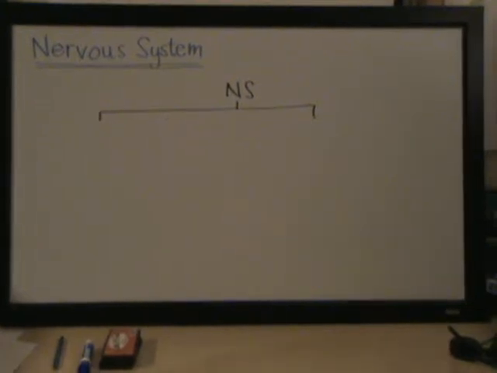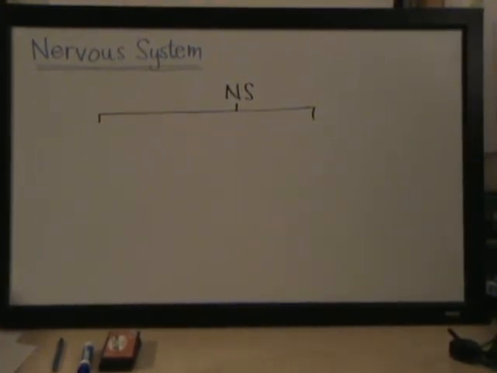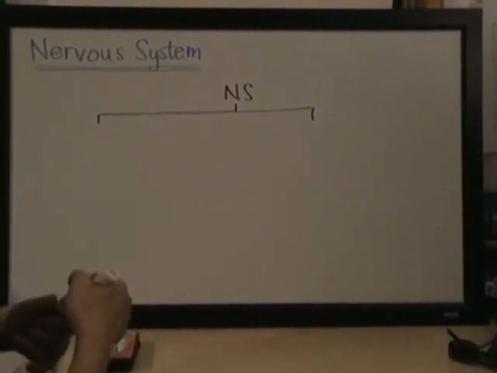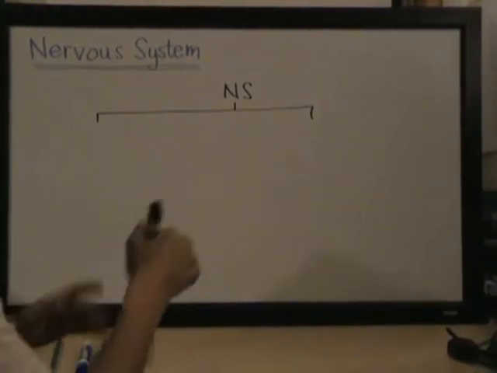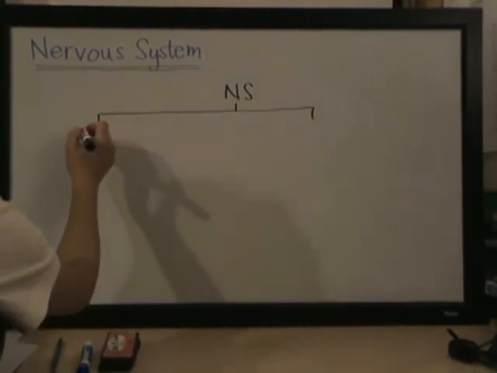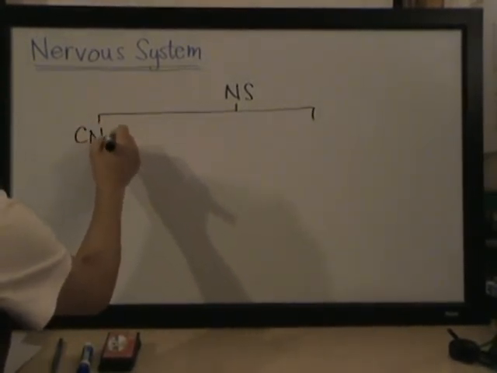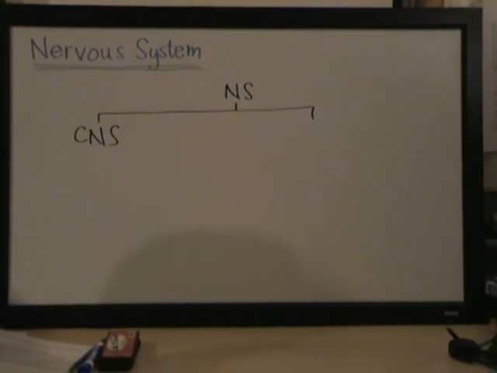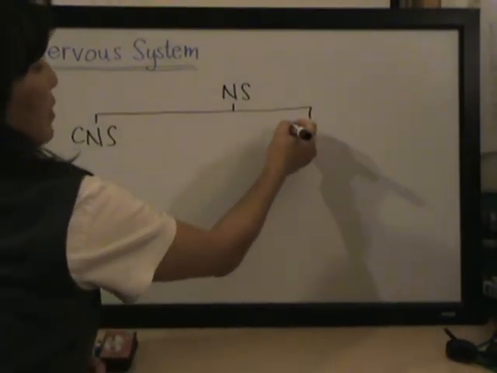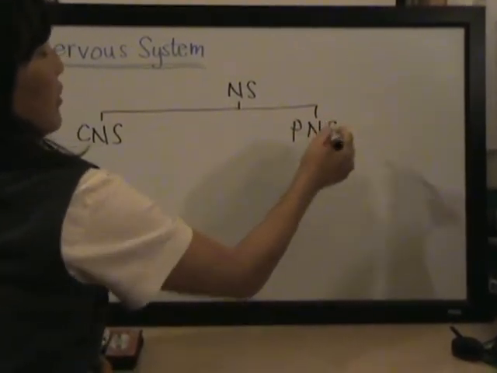Hi, this week we'll be taking a look at the nervous system, more specifically the central nervous system. Let's first take a look at the overview of the nervous system and how we can break it down into its parts. If you recall from anatomy, the nervous system is divided into two parts: the central nervous system, CNS, and the peripheral nervous system.